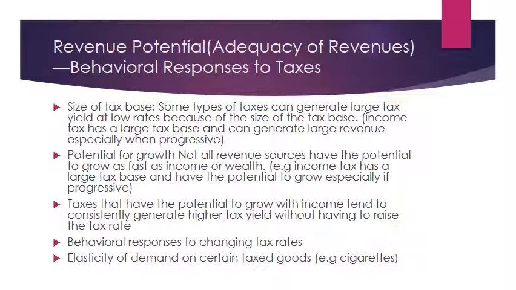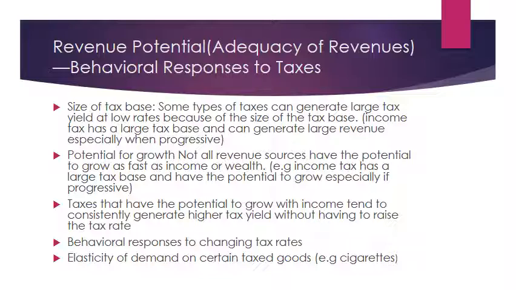So by raising taxes on cigarettes, government may actually be able to get some extra money or some extra revenue from this. Whereas for other commodities, this may not be the same, as citizens, for example, might reduce their consumption of certain goods, or might buy some other substitutes for the goods where the taxes have been raised.